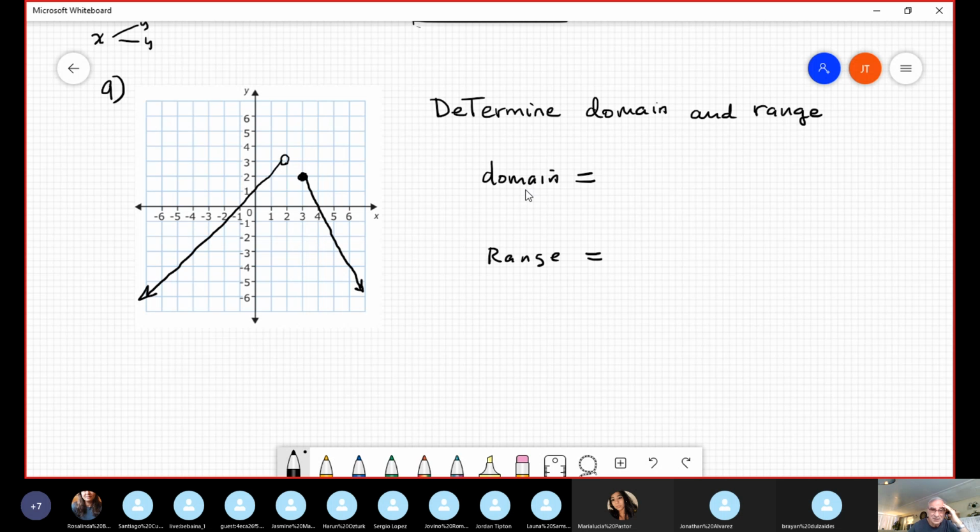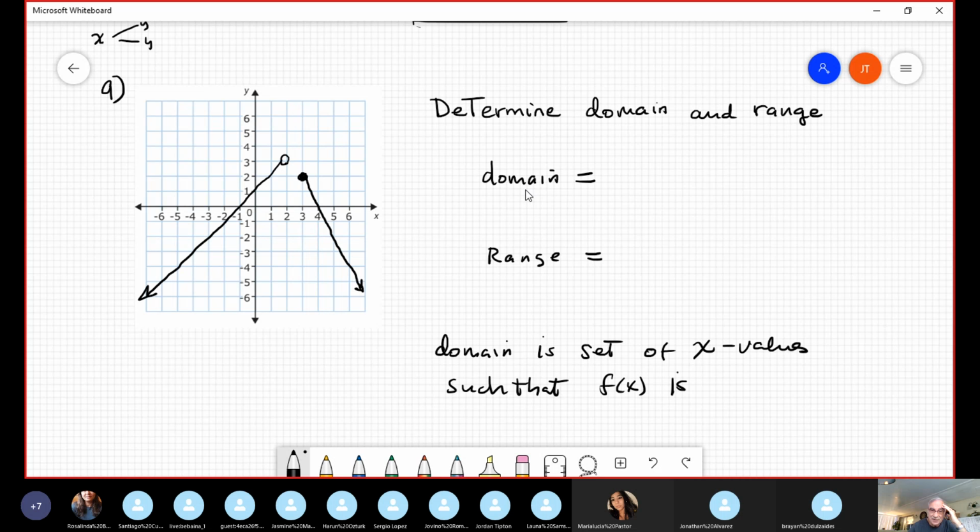And remember, definition domain. Domain is set of the x value such that the function f of x is defined. It's undefined, it's totally out the domain. And what is the situation that you have undefined?